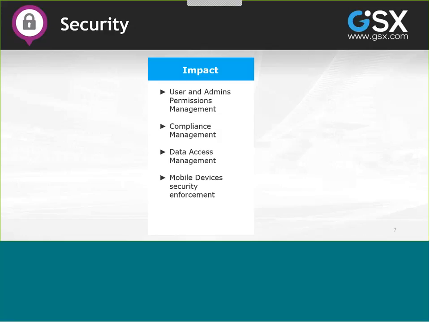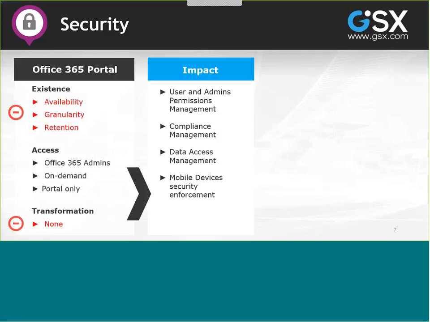Same thing, Olivier, can we check what's available on the Office 365 portal and what we can provide with GSX Office 365 usage? Sure. Thanks, Jeff, for that introduction. So again, I won't go through the same kind of category for all the access and information because it's the same. But let's check about what's available. Well, actually, not a lot of information.